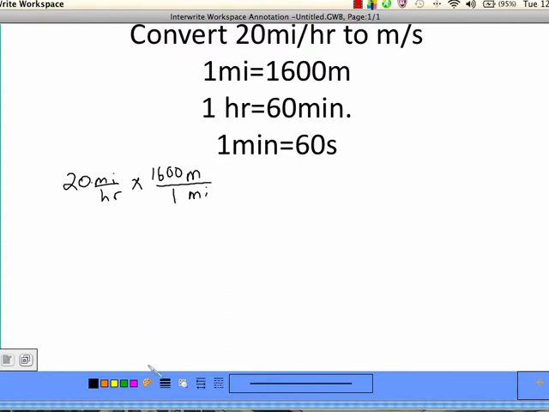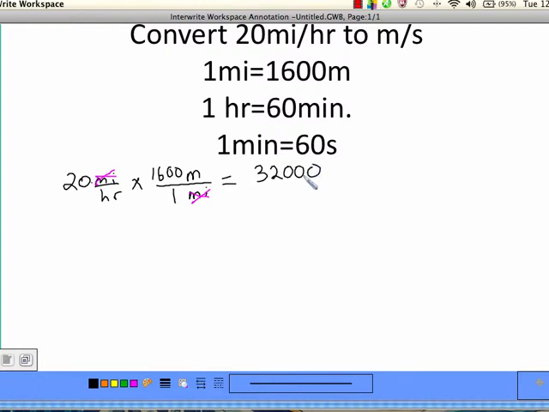We can cancel out miles because we have one on the top and one on the bottom. And if I plug that into my calculator, I'll get 3, 2, 1, 2, 3. That's a number I'm going to get.